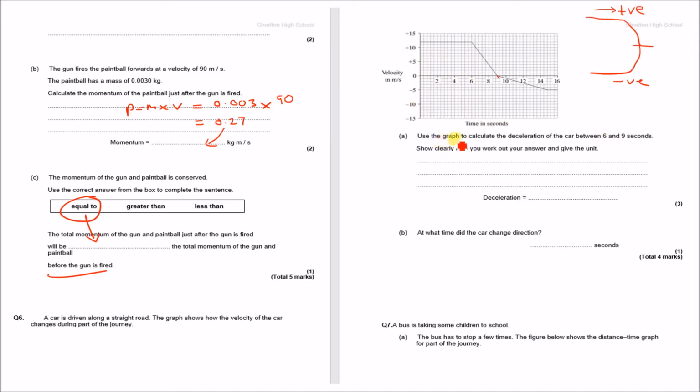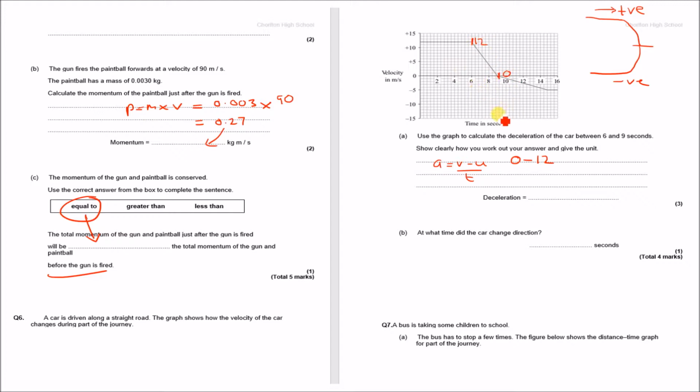Okay, so use the graph to calculate the deceleration of the car between 6 and 9 seconds. Okay, so it's talking about between this point here and this point here, and we're going to use a equals v minus u divided by t. Okay, so what is v? That's our end velocity, which is 0. What is u? That's our start velocity, which is 12.